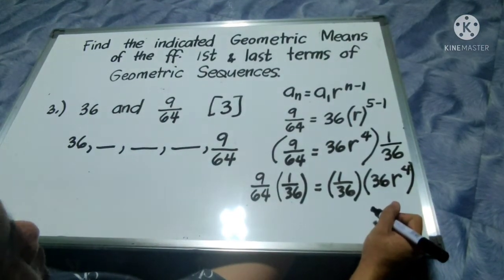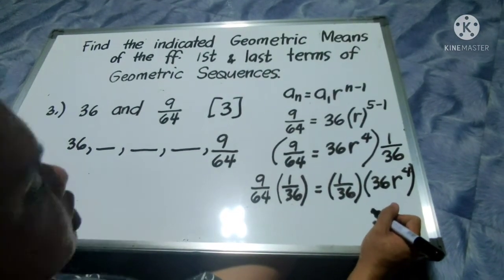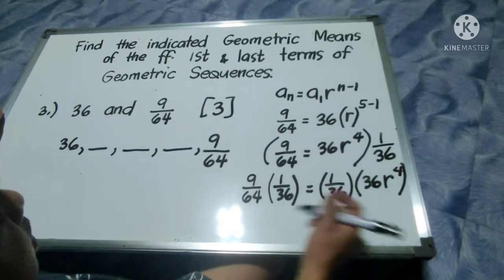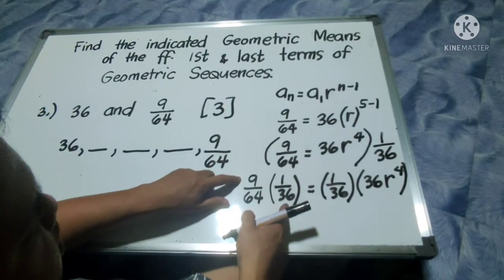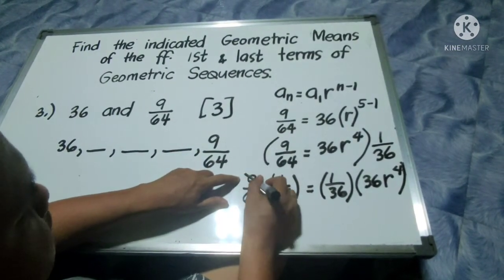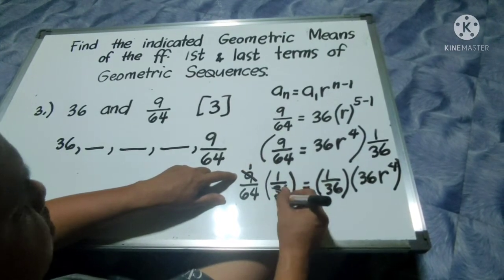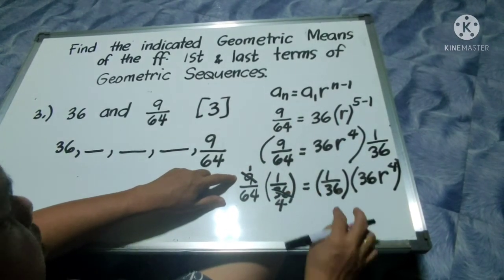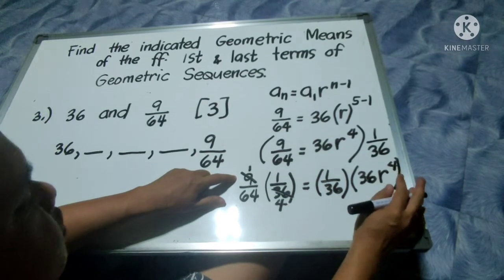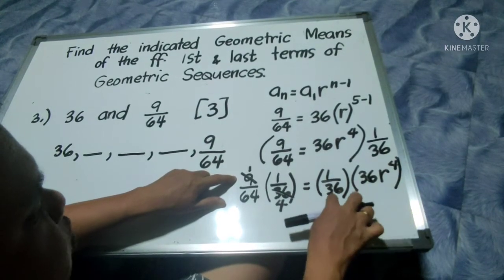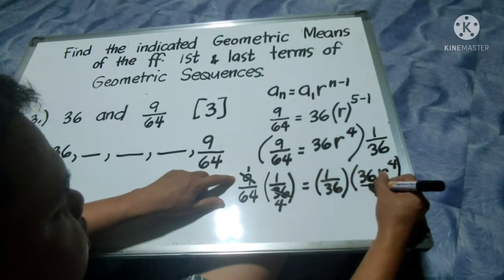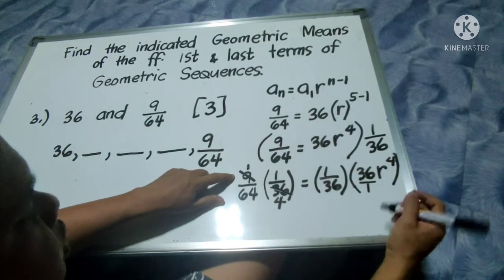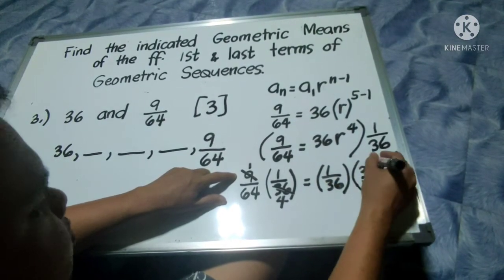Okay? So apply cancellation so that you'll not be dealing with big numbers. 9 and 36 can be cancelled. So 9 divided by 9 is 1. 36 divided by 9 is 4. On the other side, you will have 36 divided by 36 because 36 is over 1, since it's a whole number. So 36 and 36 can be cancelled.